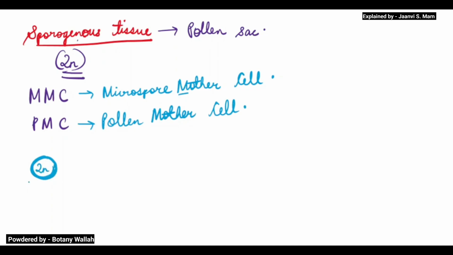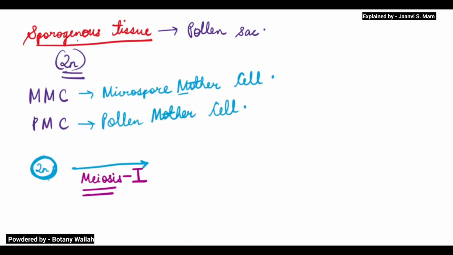This cell undergoes the first cell division, that is meiosis. We know that there are two parts in meiosis. So let's say about part 1. In part 1 of meiosis, what will happen?